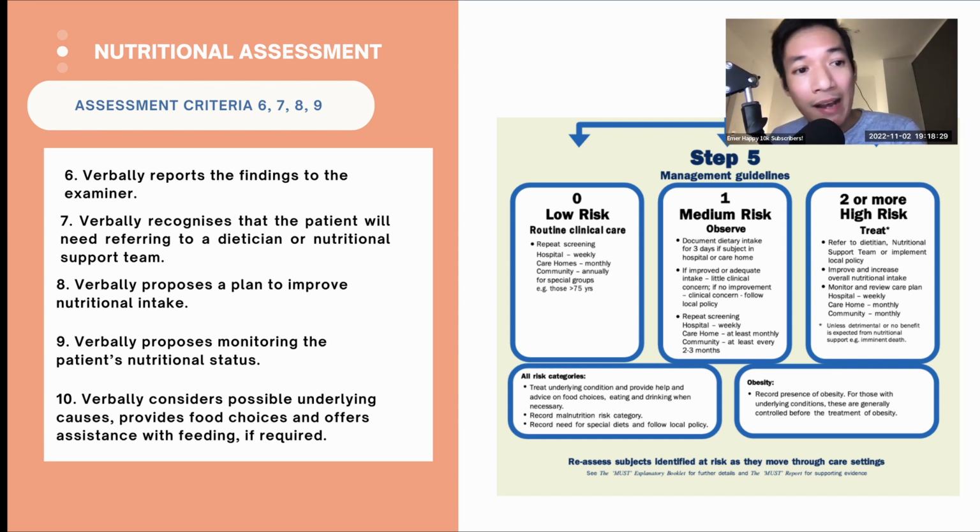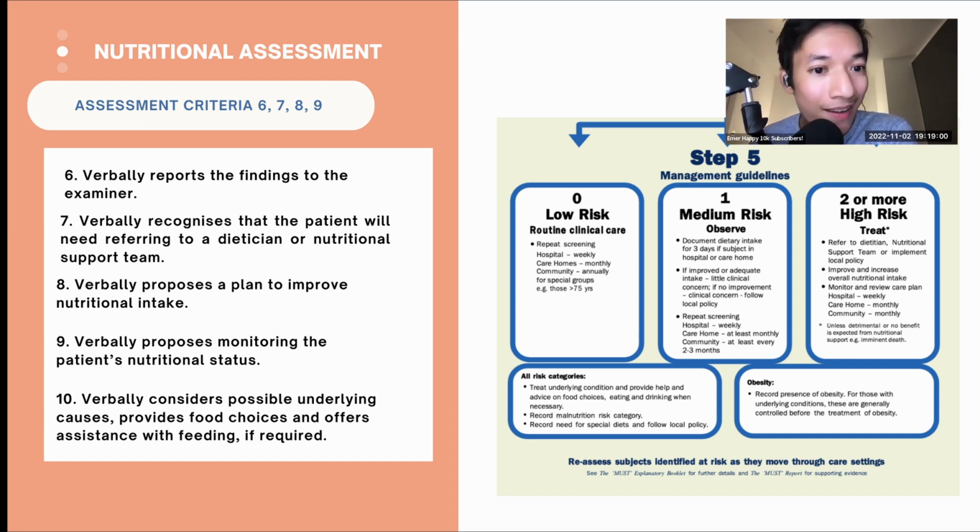Number 6, you have to verbally report the findings to the examiner. So what you're about to do now. Number 7 is to verbally recognize that the patient will need referring to a dietitian or nutritional support team. Based on my example, the patient scored 5. So as you can see on your screen, step number 5, your management guideline, it says here, 2 and above, you have to refer to the dietitian, nutritional support team, or implement the local policy.